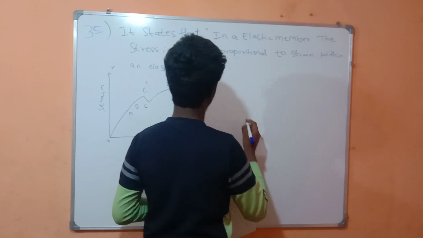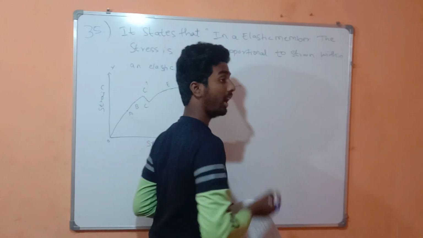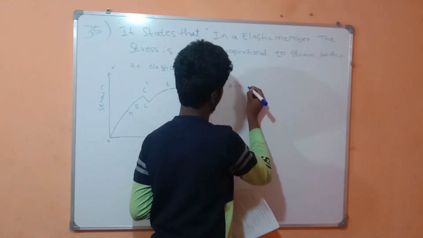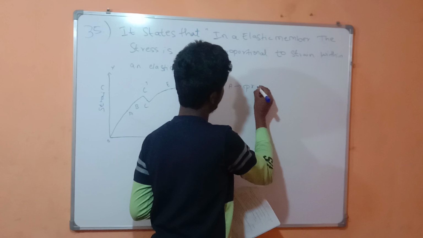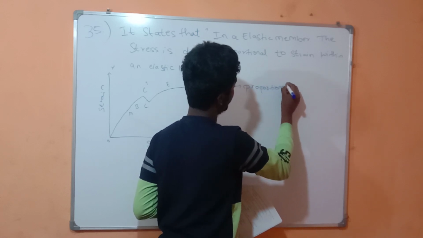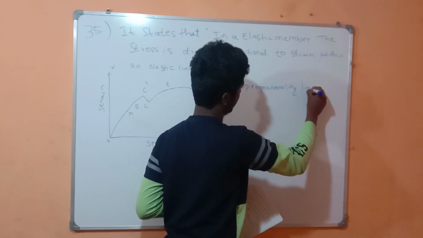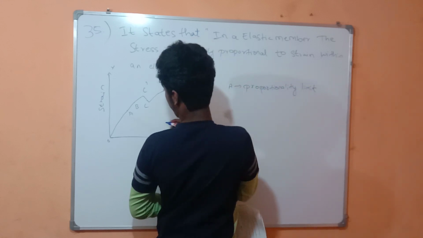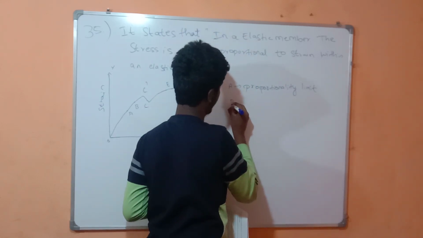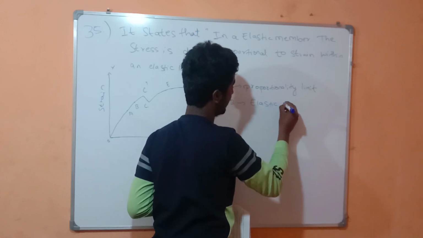A is the limit of proportionality, or proportionality limit. And next, B is the elastic limit, children.